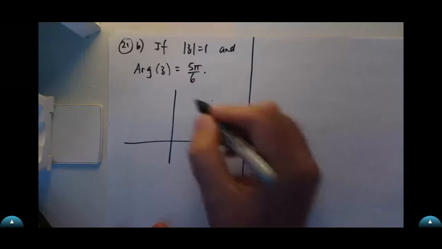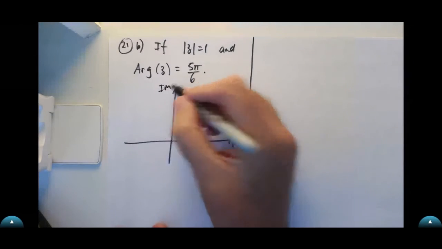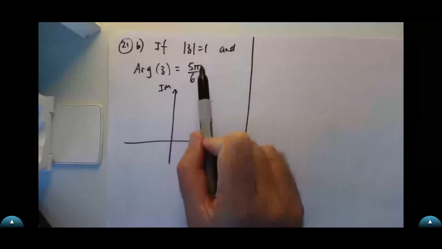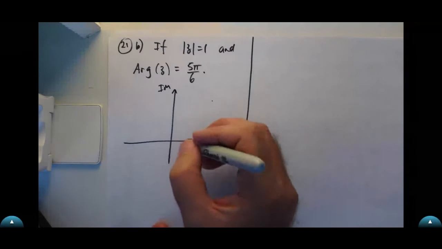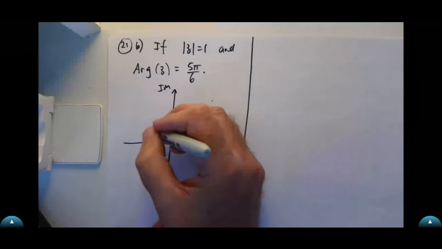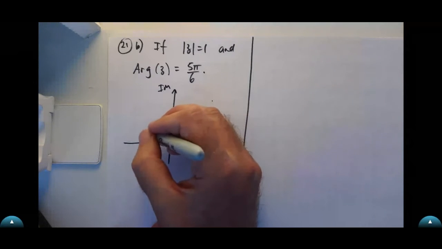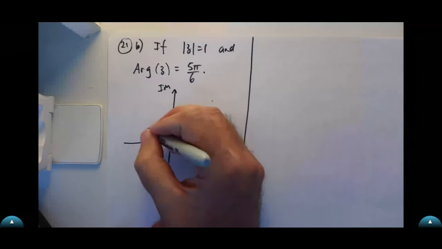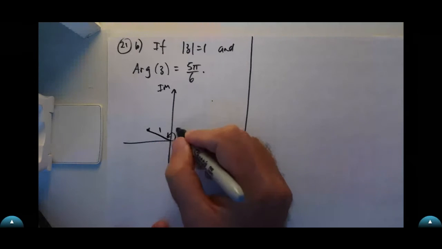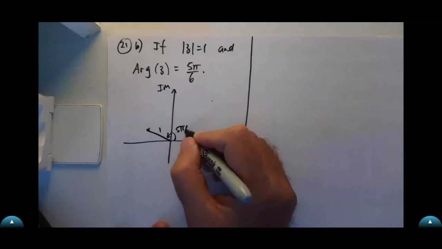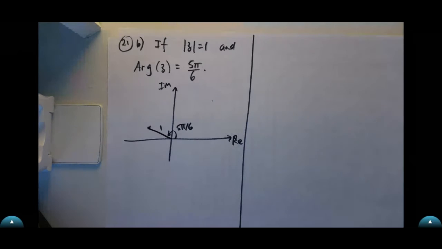This will be the real axis, this will be the imaginary axis. It's 1 unit away from the origin, and we rotate 5 pi on 6. So we come all the way over here. So that's 1, and this angle is 5 pi on 6.